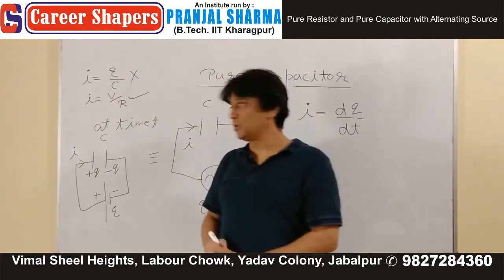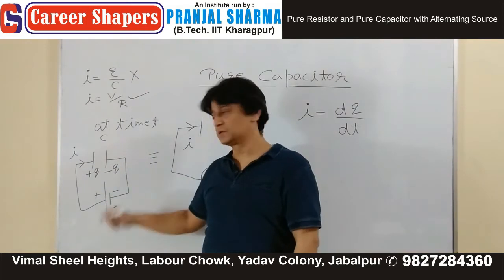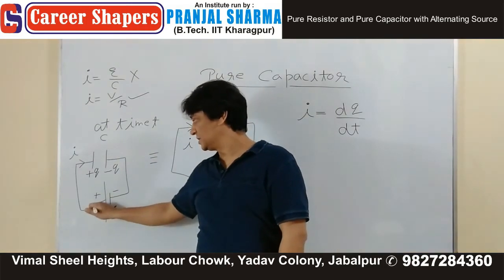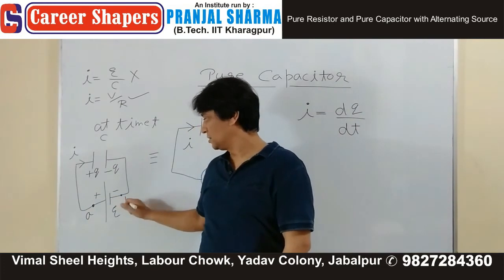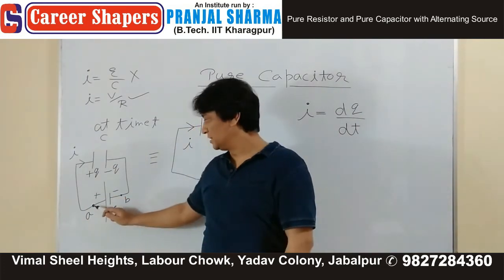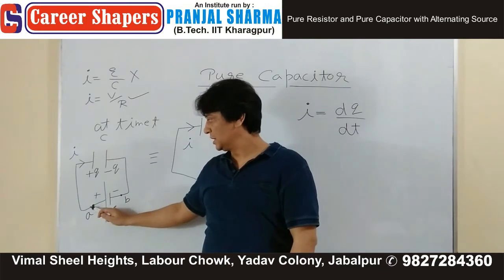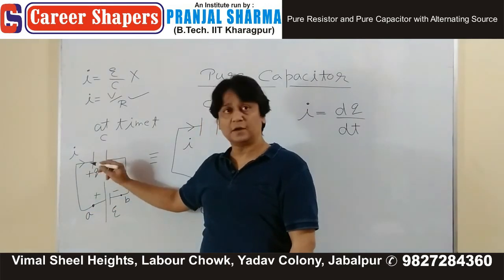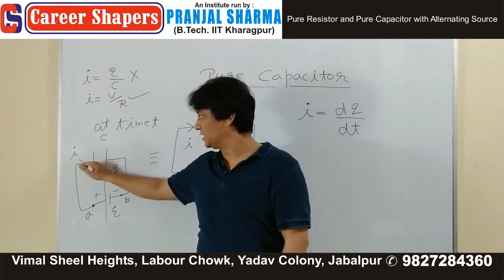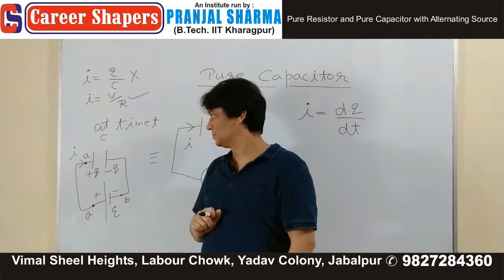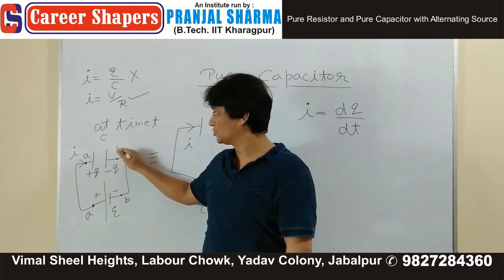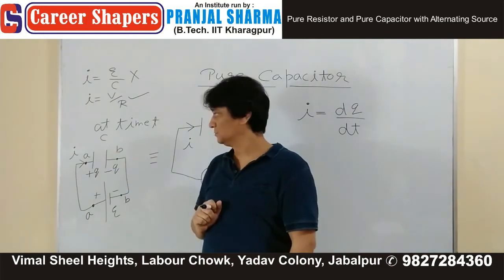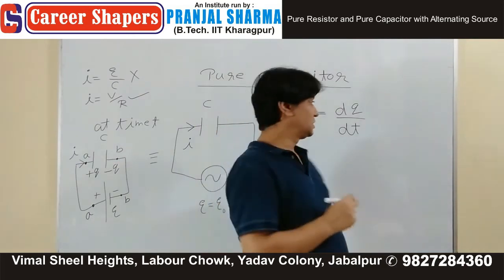let's use the same logic which we did in the previous case. If this is A and this is B, what is A? Potential of this terminal. It's a plain wire and the point potential technique says this is also A. If this is B and you have a plain wire, this is also B. That means what?